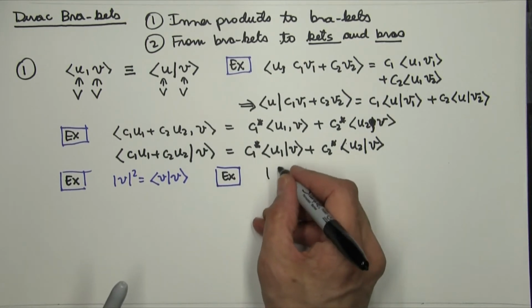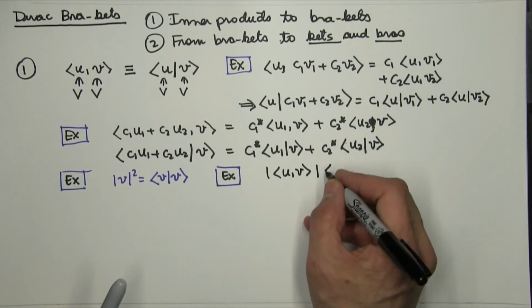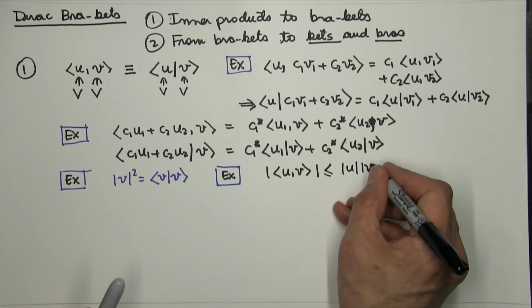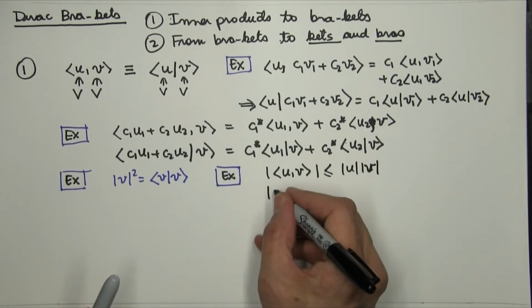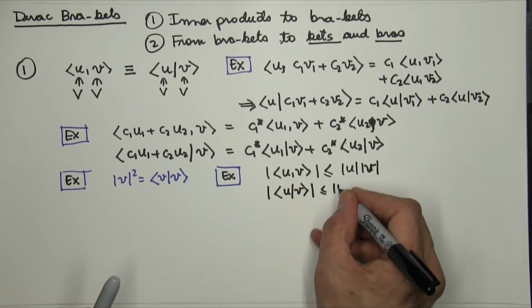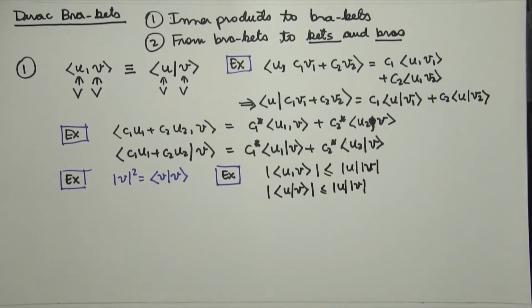It used to be the norm of the inner product (U, V) is less than or equal to the norm of U times the norm of V. Now it just reads |<U|V>| is less than or equal to the norm of U times the norm of V. So it's all quite straightforward, and there's nothing much except getting accustomed to looking at inner products and seeing that they look a little bit different now.